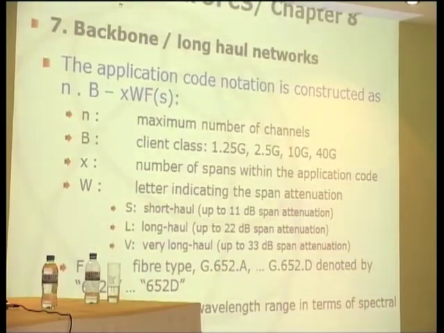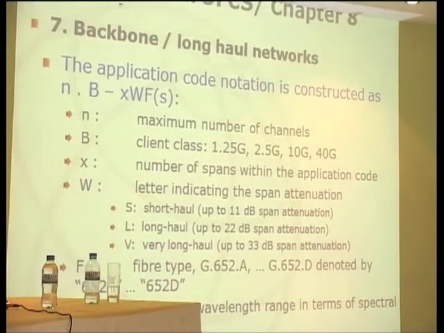Since understanding or writing the application code is a very boring operation, I have left an example of application code just for the last application, which is long haul. And this is the application code of a system for a long haul network.